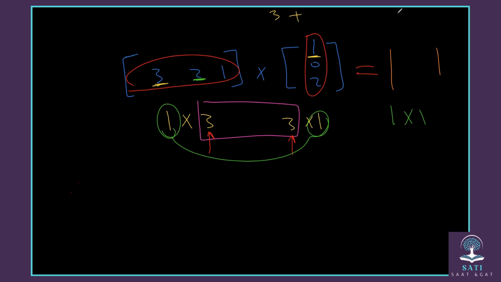You go from left to right on the row and from top to bottom on the column. So 2 times 0 is 0, so add 0. Then 1 times 2 is 2, so you write plus 2. Now add them: 3 plus 0 plus 2 is 5. So the answer here is 5. Done. This is the result. Is it clear now how you multiply?